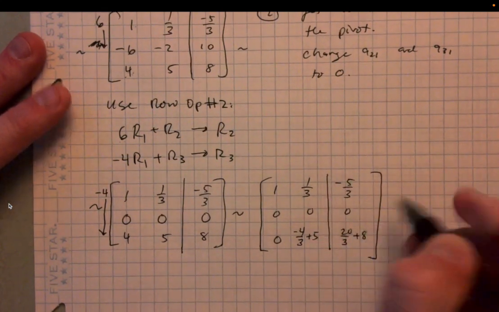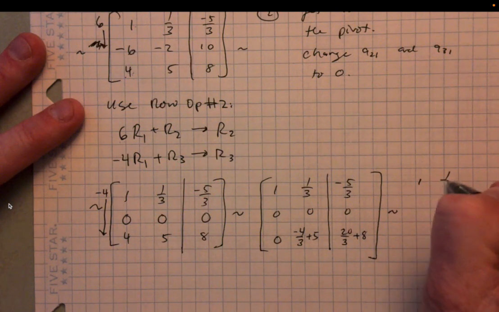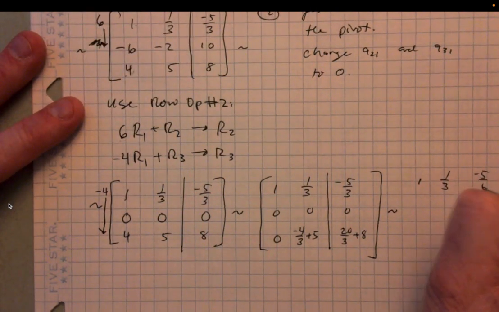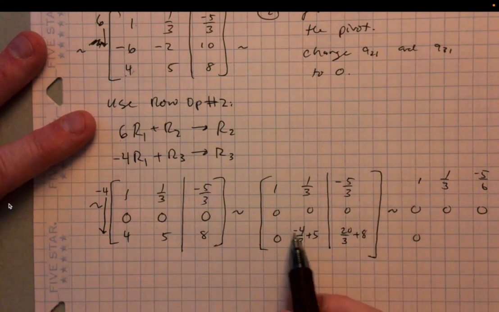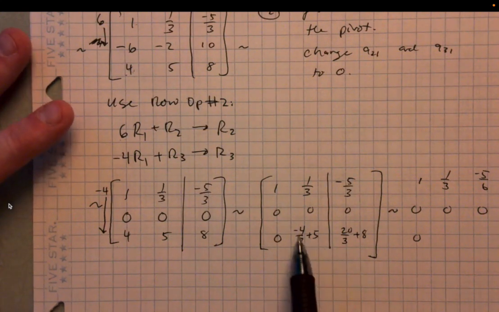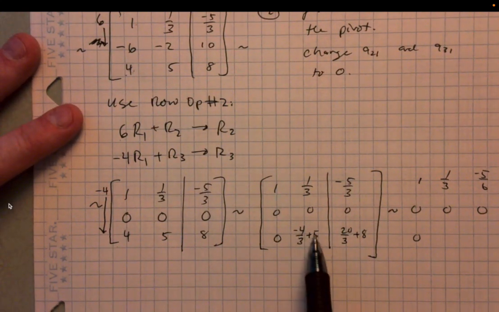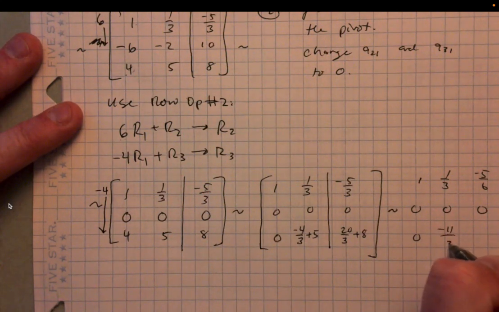Okay, and we'll come back to this. Let's go ahead and simplify this. So 1, 1/3, negative 5/3, 0, 0, 0, 0. Now what is this? Negative 4/3 plus 5. That's like negative 4 plus 15, all over 3, and so I get a negative 11/3 there.